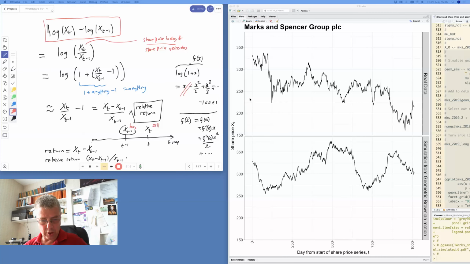So just to conclude, we've met Brownian motion, we've looked at some of its properties, we've extended that to Brownian motion with drift, we've extended that to geometric Brownian motion, which we use as a model for share prices. We've seen how to estimate the parameters of that model, and this we've put into practice by seeing that it can be applied to model shares such as Marks and Spencer.